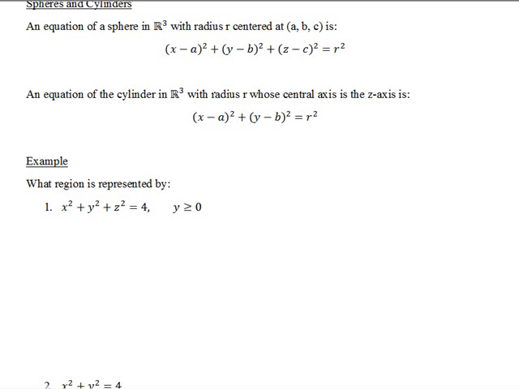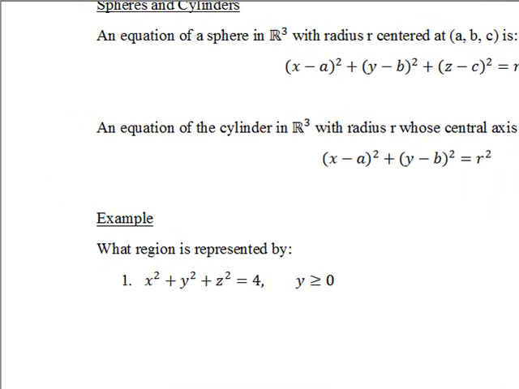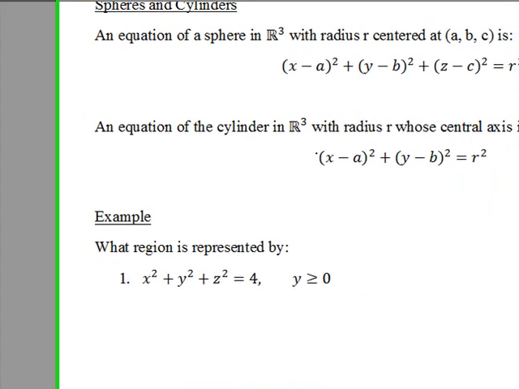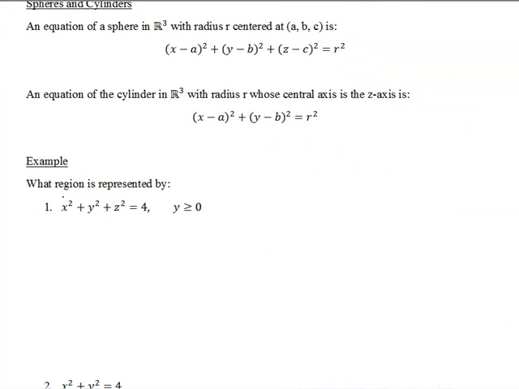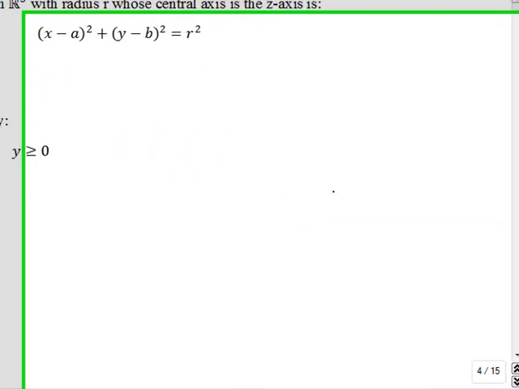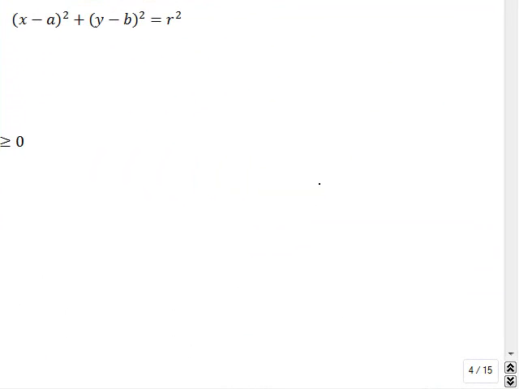We will just explain. What region is represented by x squared plus y squared plus z squared equals 4 and y greater than or equal to 0? So let's look at the first equation here. x squared plus y squared plus z squared equals 4. What is that?